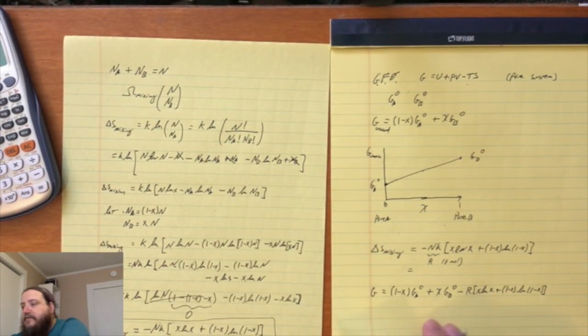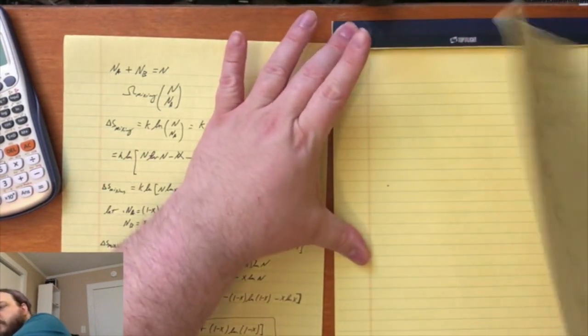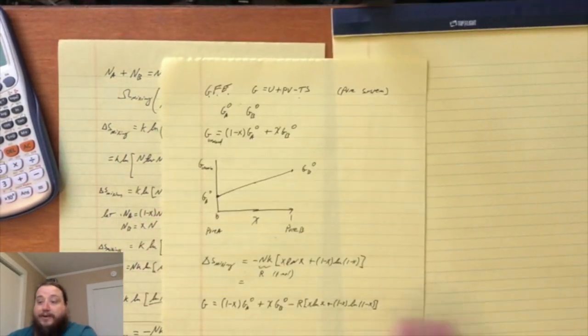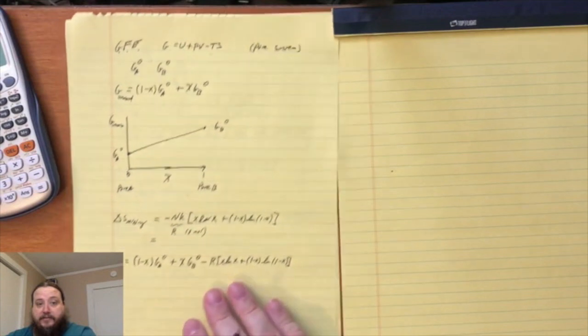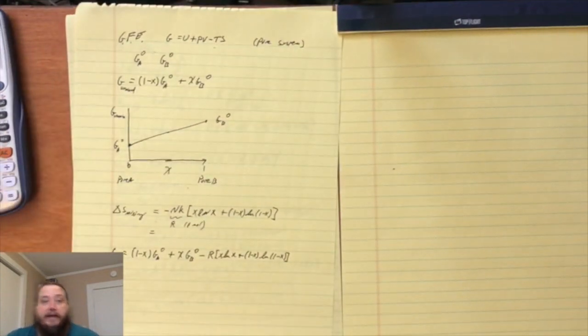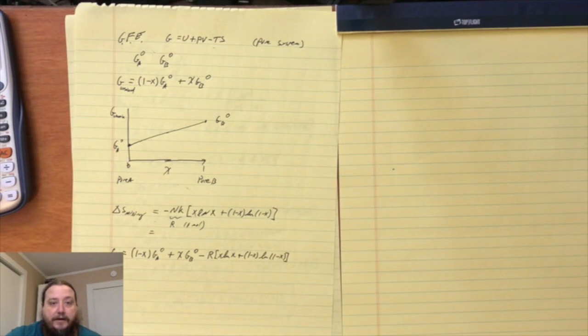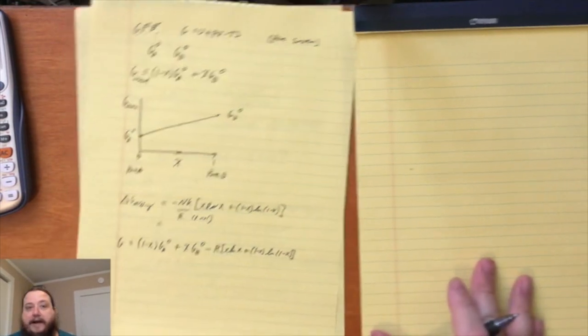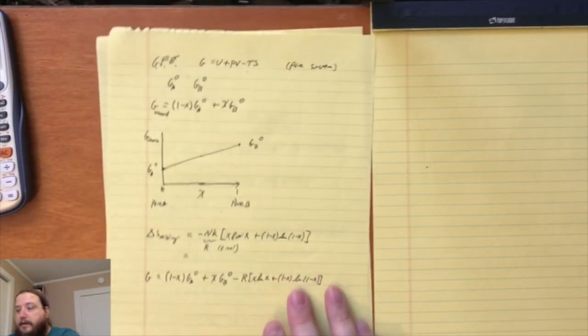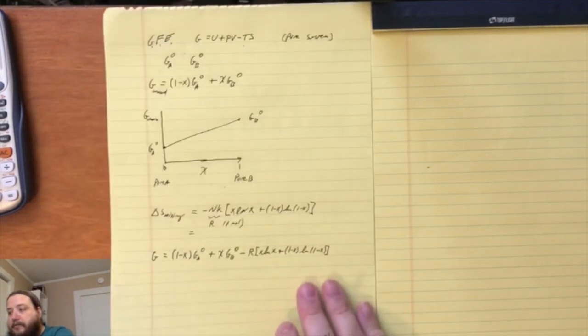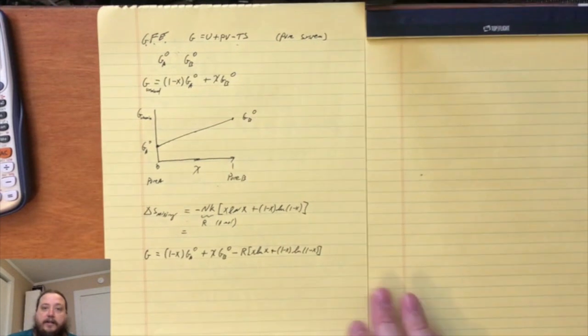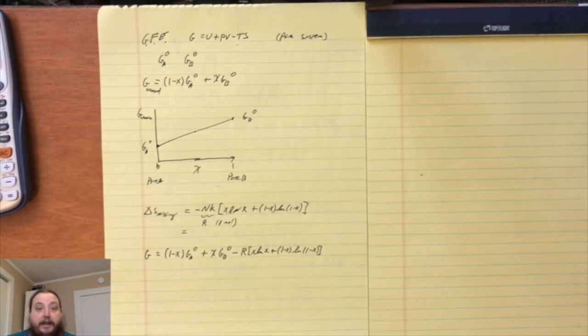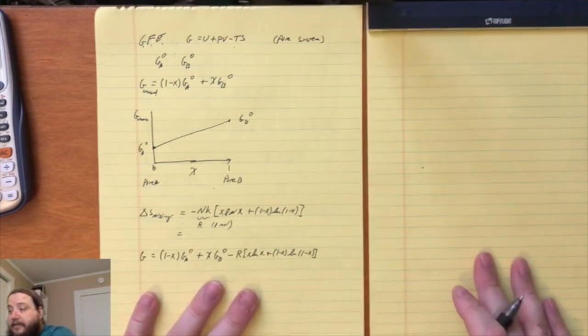Well, let's investigate this question of what happens for non-ideal mixtures, right? So when it does matter, for instance, how the molecules interact, when, for instance, the unlike molecules are less attracted to each other than the like molecules.